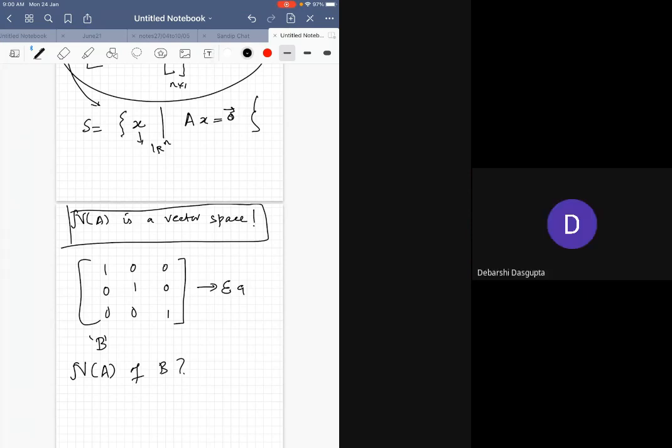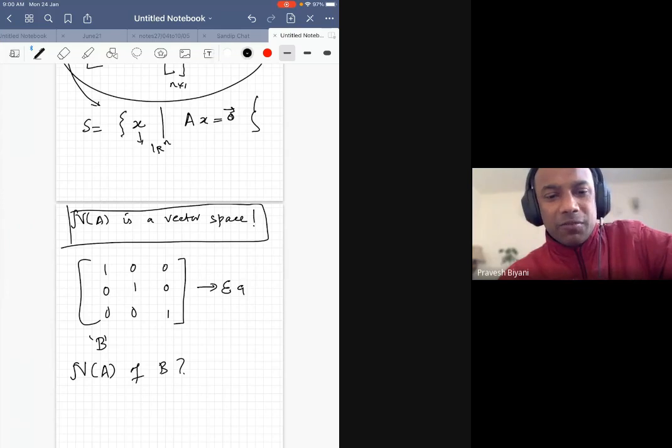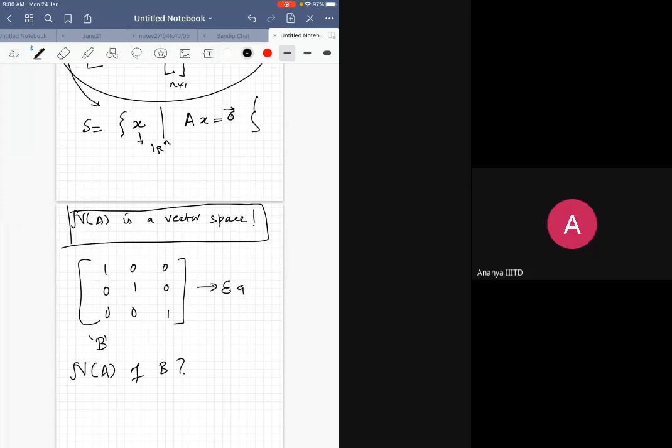Wait, Debarshi, I want to press Ananya here. Ananya. Yes, sir. So basically, linear independence would be that we can't represent a third column with the help of the 2 other columns, or any linear combination of 2 other columns. So each column is linearly independent.